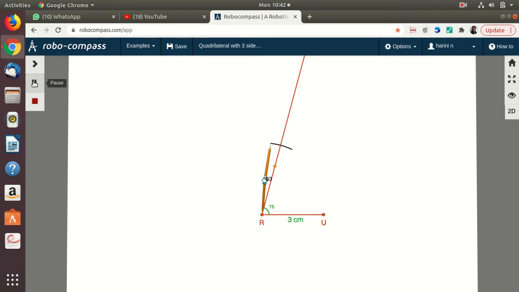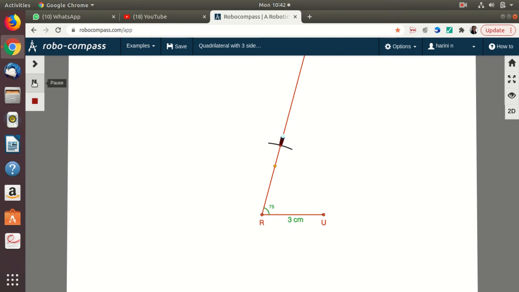I think it was 4 centimeters. Okay. It was 4 centimeters. So take a radius of 4 centimeters in your compass, keep the compass at U and cut the arc. So where the arc and your ray, which is 120 degrees standing, the point of intersection between the arc and the ray will be E. So you will mark the point of intersection at E.